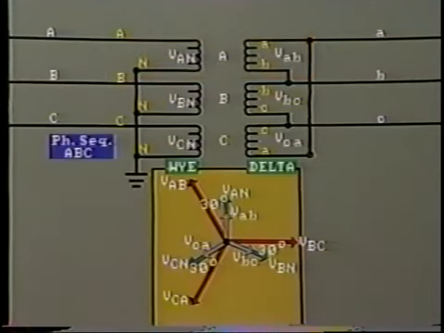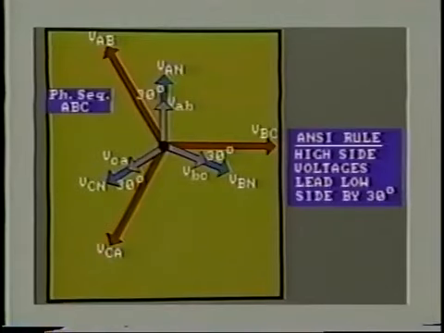So they can be drawn on the same phasor. But look, the primary line-to-line voltage VAB is 30 degrees in advance of secondary line-to-line VAB. Similarly with VBC and VCA. So the ANSI rule has been observed. The high side voltages lead the low side by 30 degrees.